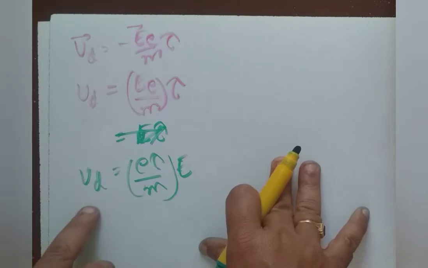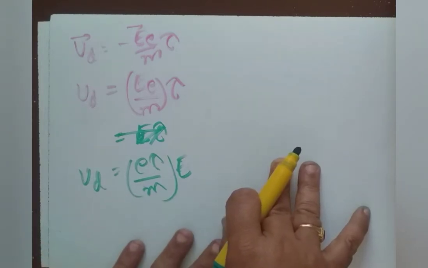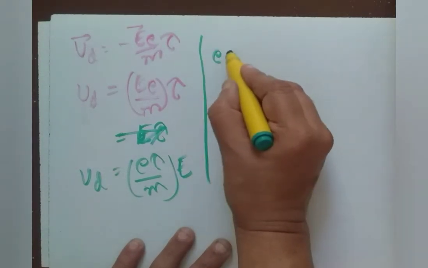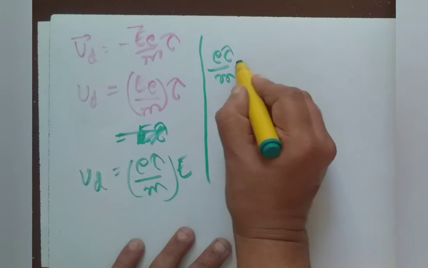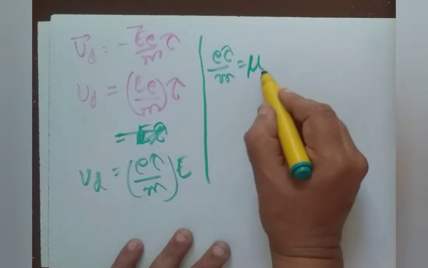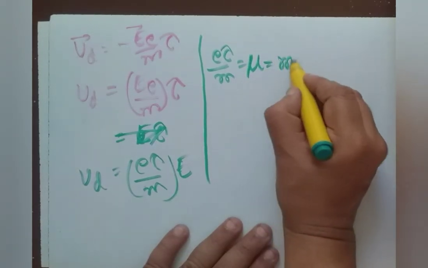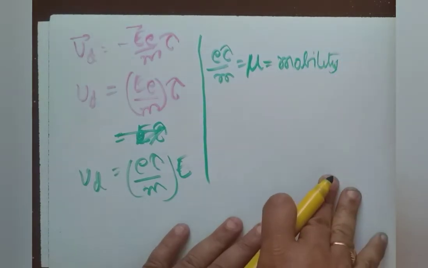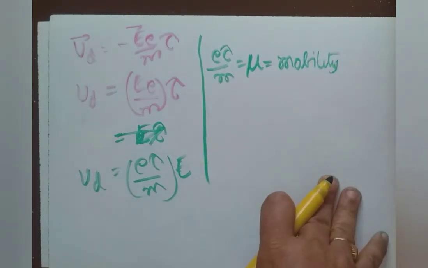And observe here, e tau by m is a constant and it is called mobility. Its symbol is mu, so e tau by m is denoted by mu and called mobility, meaning how free the electron is to move.